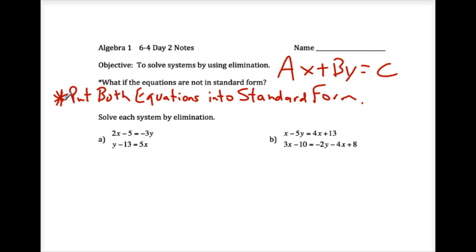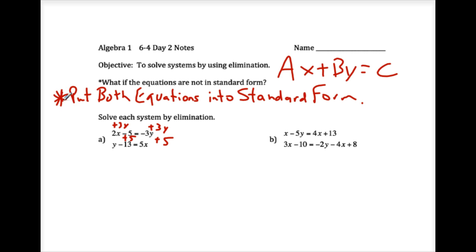So put the first one in standard form, guys. Mathematically, what would you do to the first equation to get it into standard form? Add 3y to both sides, and add 5 to both sides. It has to be positive, right? Doesn't have to be for this stuff.